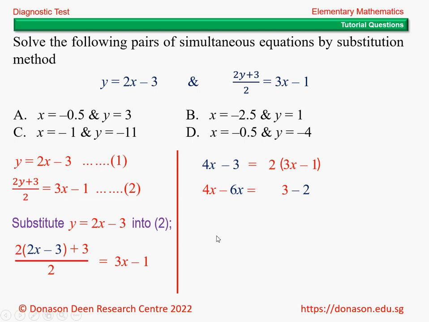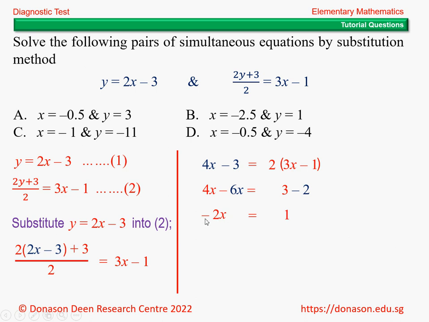So we take 4x minus 6x, and since 6x is the bigger number, it takes on the negative sign. So 4x minus 6x gives negative 2x. And the right side is quite simple. 3 minus 2 is 1. So negative 2 times x equals 1.